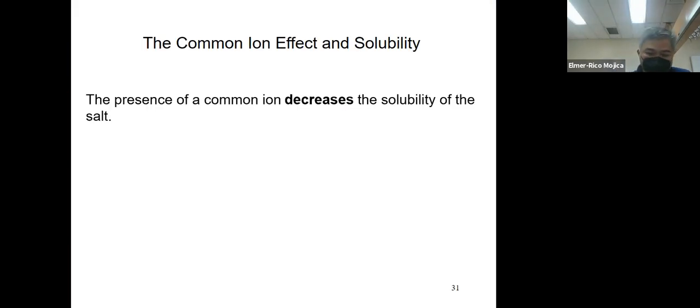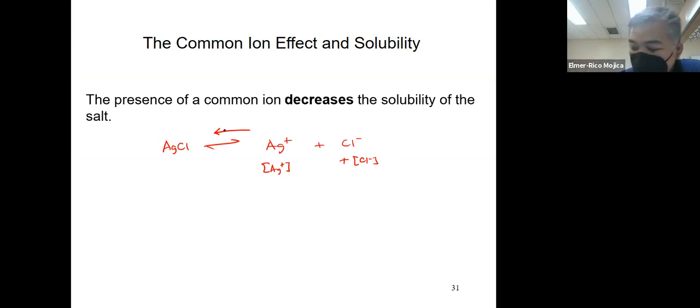Let's say you have silver chloride, which produces silver ion and chloride ion. If you have chloride from another source or silver from another source, it favors the backward reaction, and so the solubility decreases. Okay?